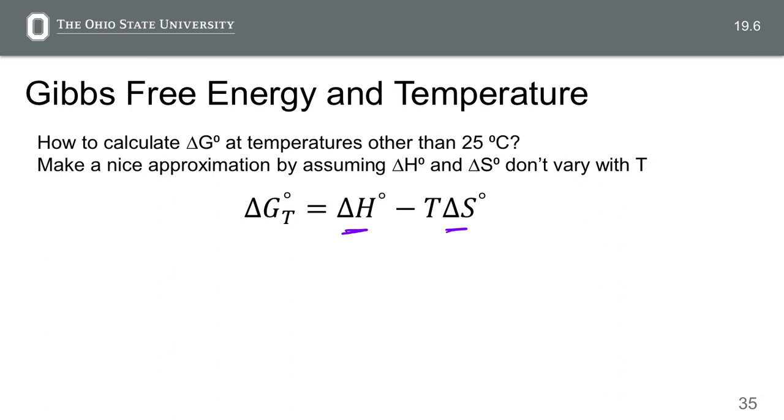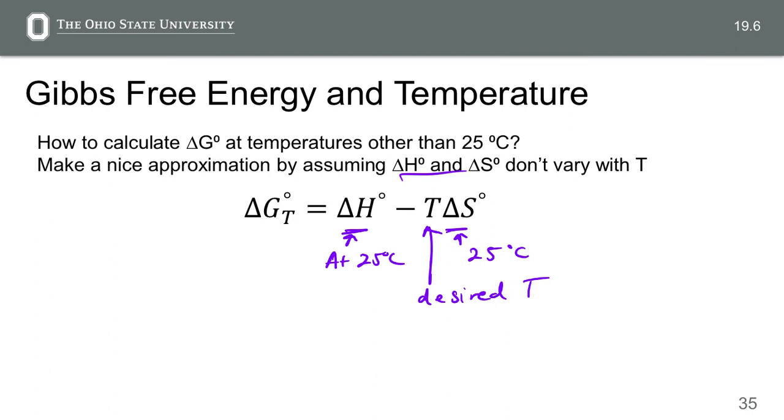So when we look at a practical way of using this equation, maybe you have to find a delta H value, and you have a table of values. Those table values are all going to be at 25 degrees Celsius. But that's totally fine, because we're going to assume that delta H and delta S are approximately the same at whatever temperature we're interested in. So for delta H and for delta S, these may both be at 25 degrees C, and we are going to use a desired temperature.